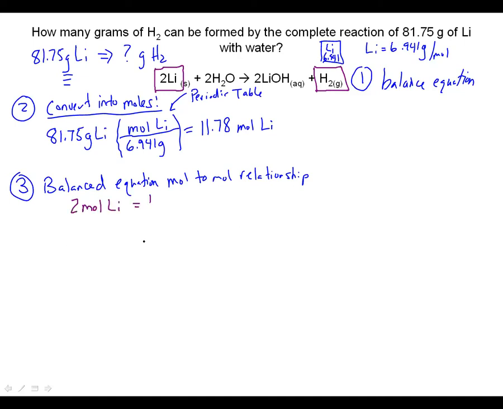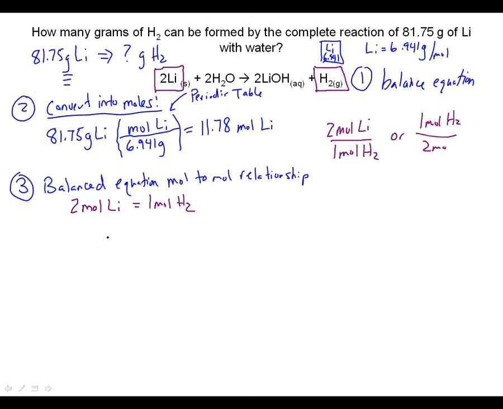That also gives us the same 2 conversion factors that we technically could use: 2 moles of lithium over 1 mole of H2, or 1 mole of H2 over 2 moles of lithium.